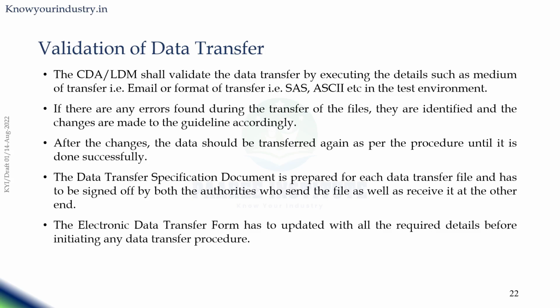The data transfer is validated by checking details such as the medium of transfer, and if any errors are found during the transfer of the files, they are identified and changes are made in the guideline. The data transfer specification document is prepared for each data transfer file and needs to be signed off. The electronic data transfer form has to be updated with all required details before initiating any data transfer procedures.